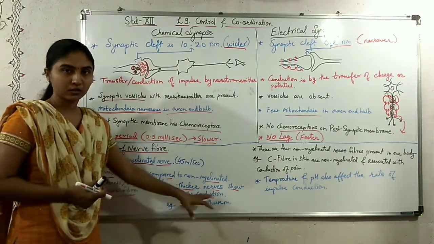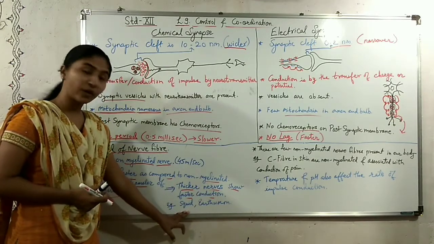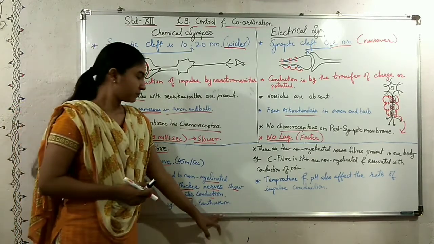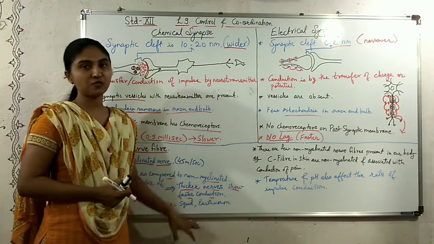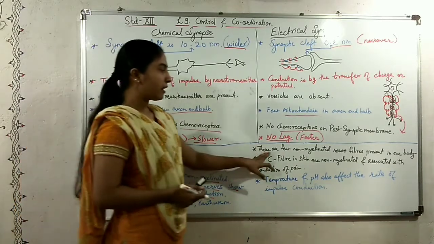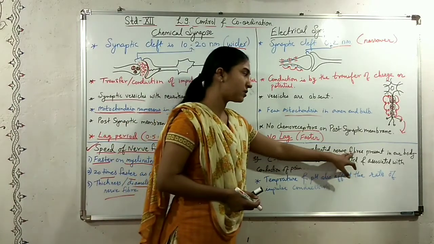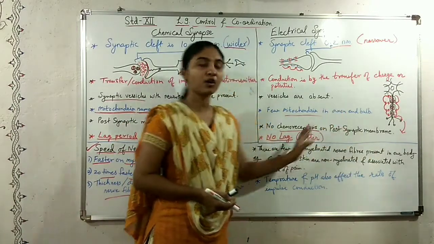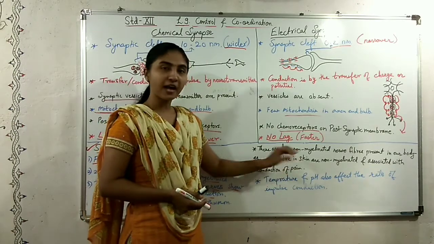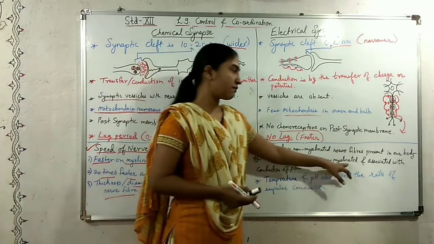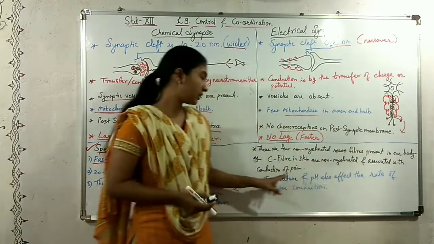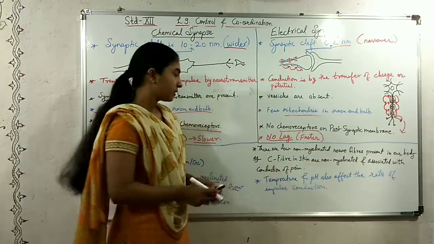This kind of conduction is found in the squid and the earthworm. They have thicker nerve fibers, so the conduction of the impulse is faster in them. There are a few non-myelinated fibers in the human body. That is the C fiber, which is present in the skin. These are non-myelinated fibers and they are associated with the conduction of pain.